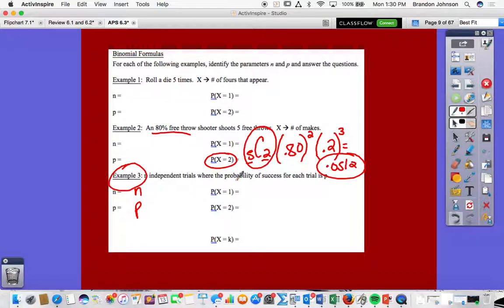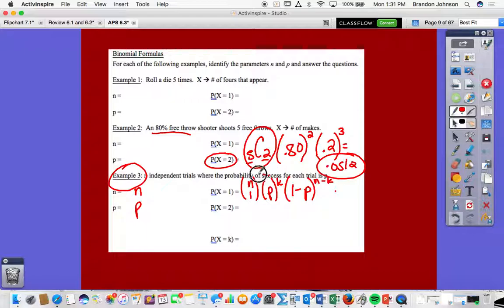We're just throwing down the formula. That means that this would be N over K, multiplied by P to the K power, and 1 minus P to the N minus K power. Got me?